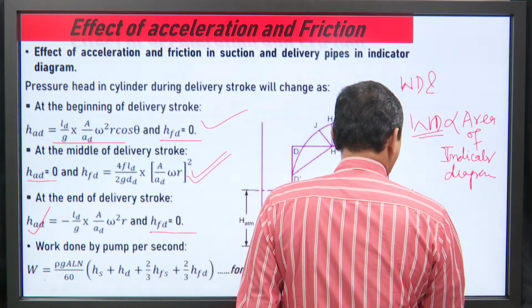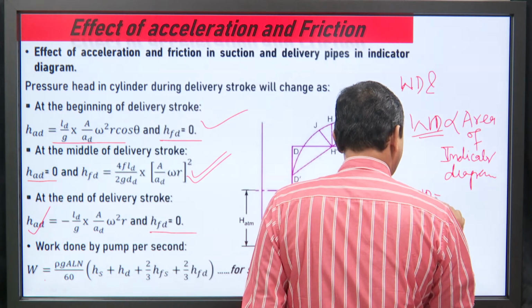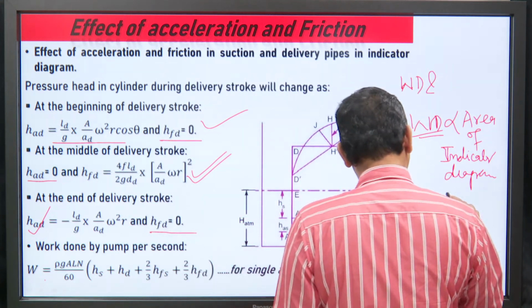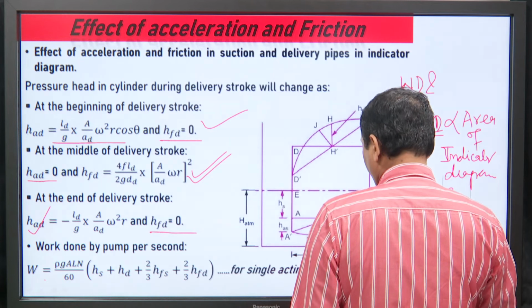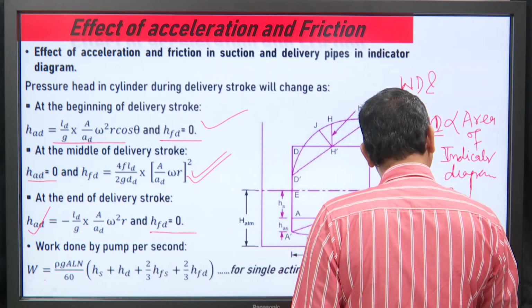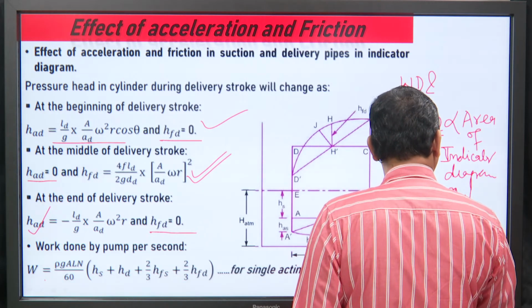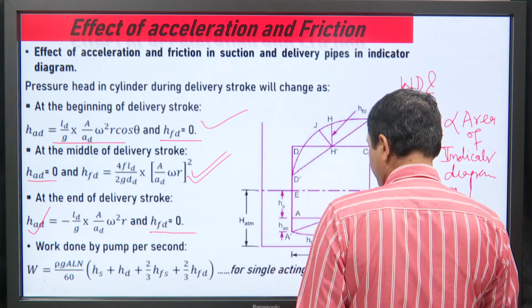The work done is equal to a constant k, and what is the value of constant k? It is rho a l n upon 60.